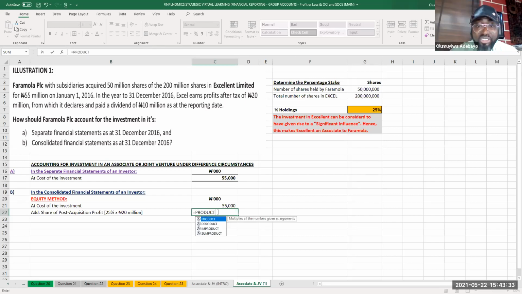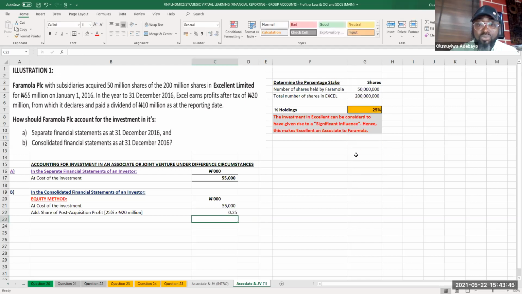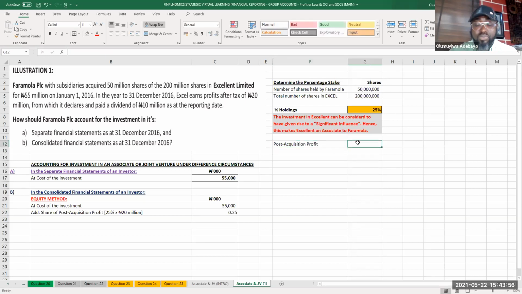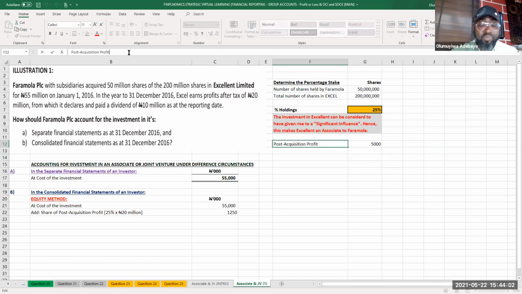If it's a loss, it will be negative. 5 million. In thousands.